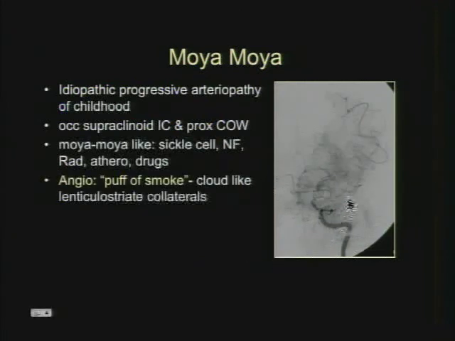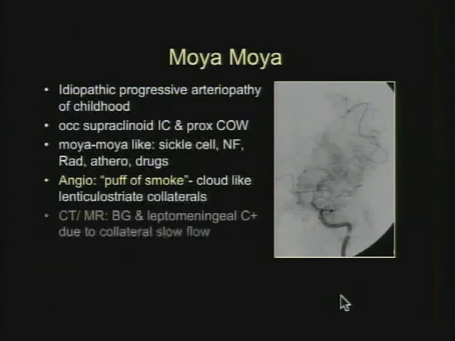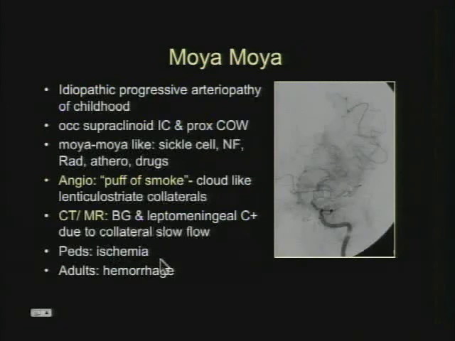The classic angiographic appearance is this puff of smoke, the cloud-like lenticulostriate collaterals. You can see this injection of the left internal carotid artery with occlusion, and then these lenticulostriate collaterals filling out the MCA branches. Pediatric patients, we normally see ischemia, and in adult patients, hemorrhage.